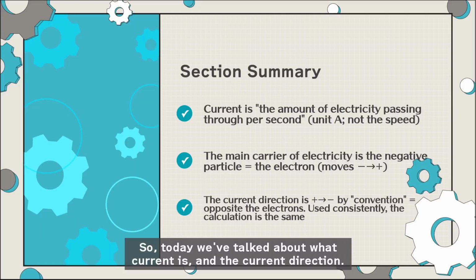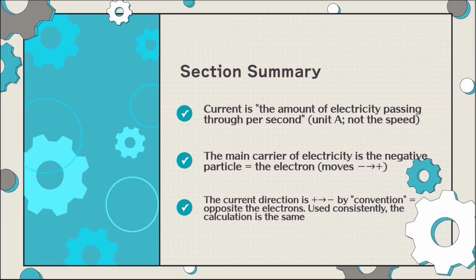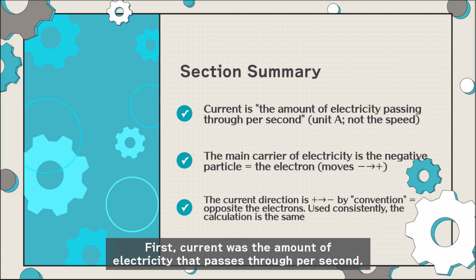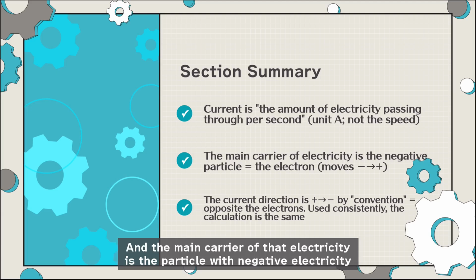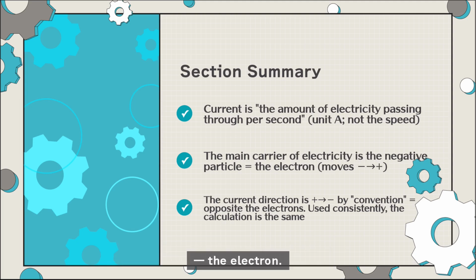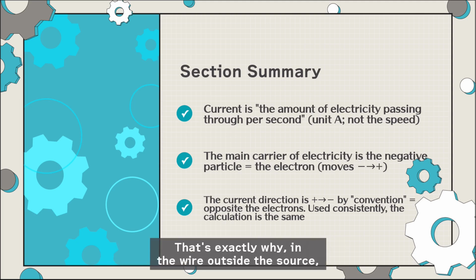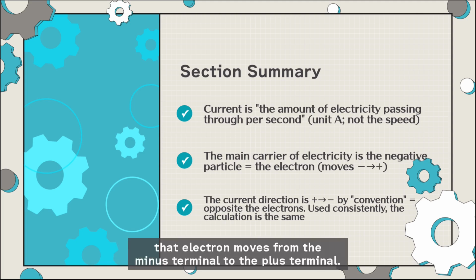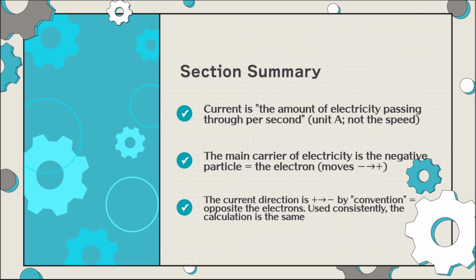So today we've talked about what current is and the current direction. First, current was the amount of electricity that passes through per second. And the main carrier of that electricity is the particle with negative electricity, the electron. That's exactly why in the wire outside the source, that electron moves from the minus terminal to the plus terminal.